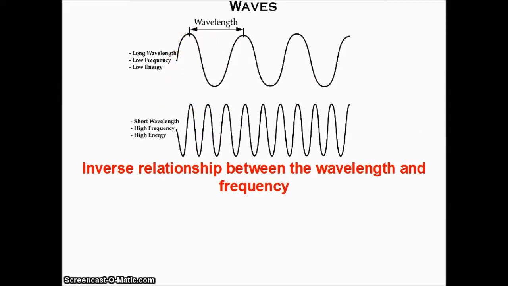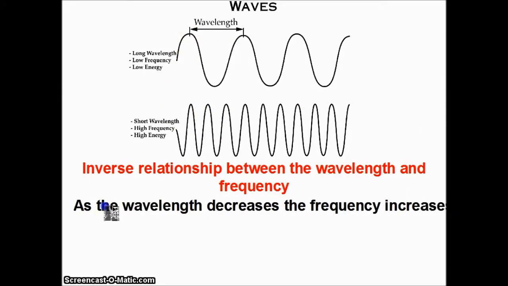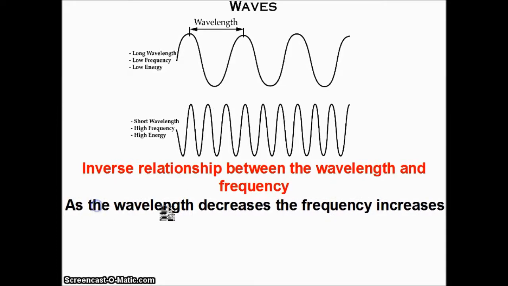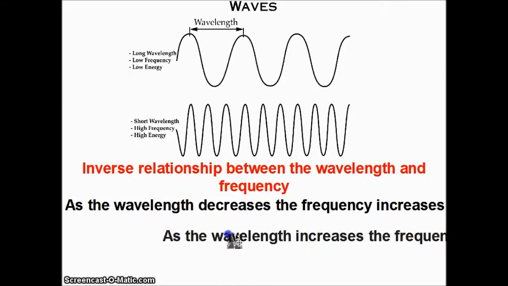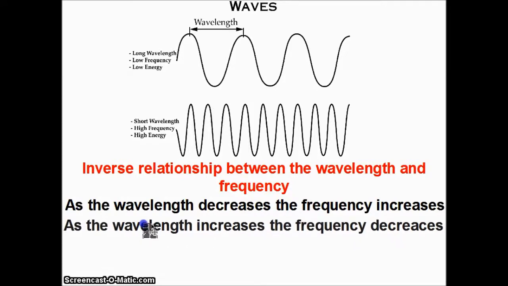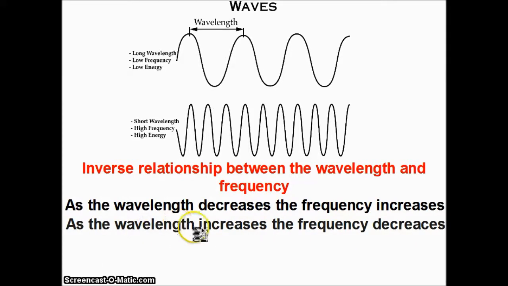So as wavelength decreases, the frequency increases. The opposite is also true. As the wavelength increases, the frequency decreases. And this just makes sense. If you have a longer wave, you can't fit as many waves in that time frame. If you have a shorter wave, you can fit more waves in that time frame. Remember, this is a time frame of 1 second.